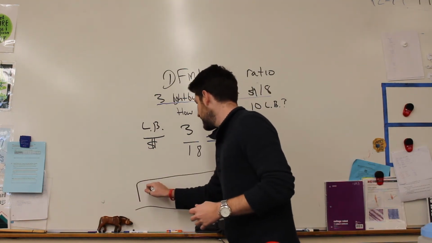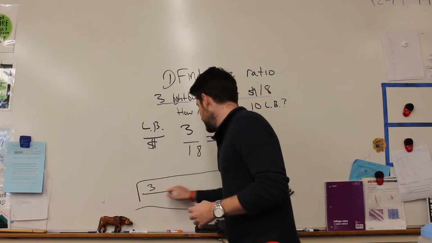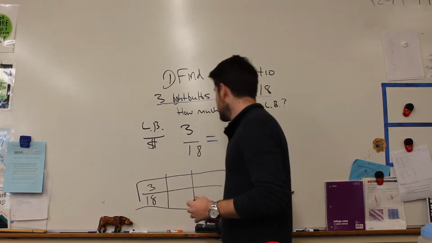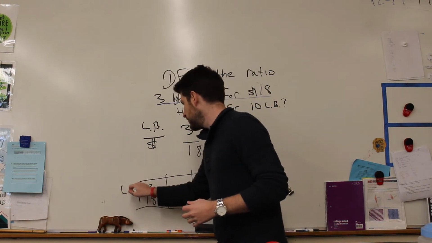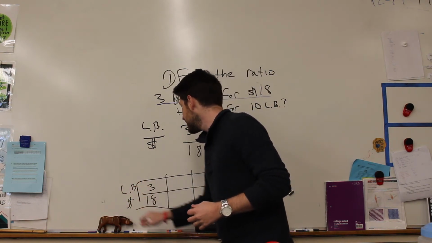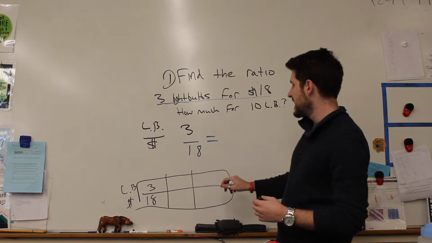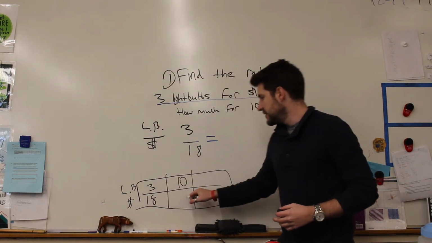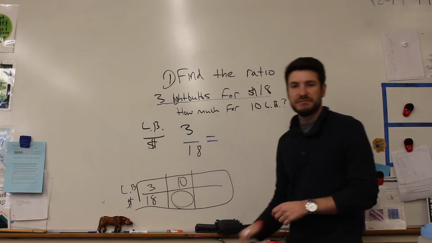You could say, okay, so 3 for 18, if this is light bulb and this is money, how much for 10 light bulbs? You put a 10 here, and then you're going to find out what goes in this box right here.